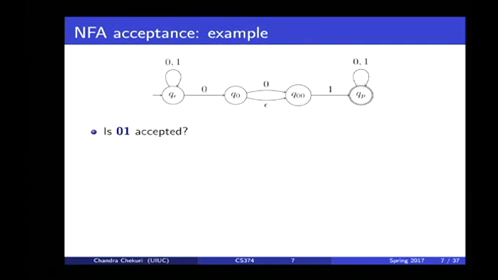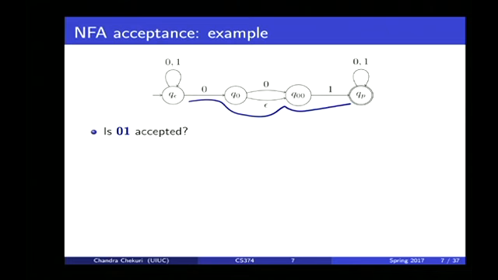Is 0, 1 accepted by this machine? Why? Yes. So think of this as a walk in the graph.